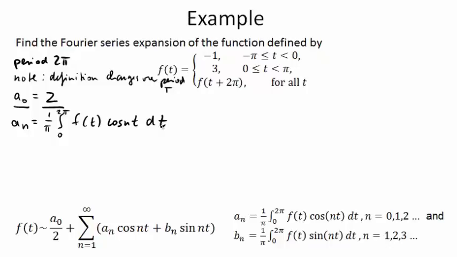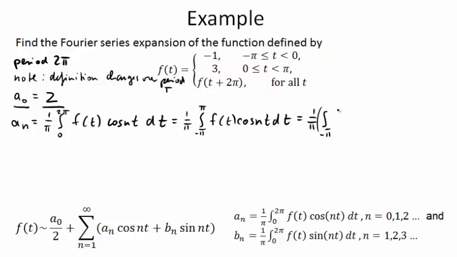So the same as before, I'm going to change the limits for the integral, and for the same reason as before, I'm allowed to do this. f of t cos nt dt. And again, I will need to split this up into two integrals, because the function has got different definitions for those two sections we've got here.